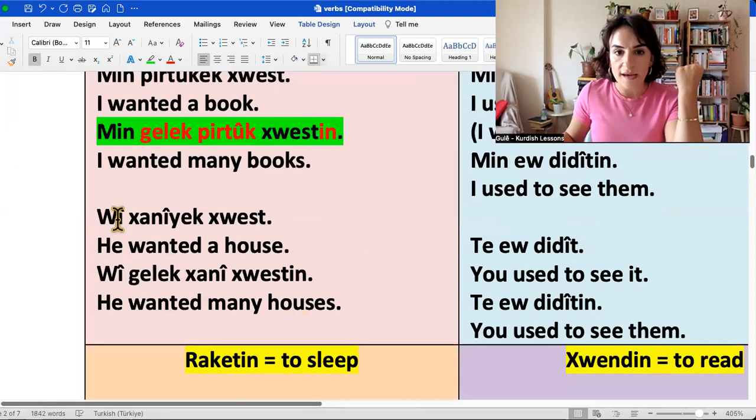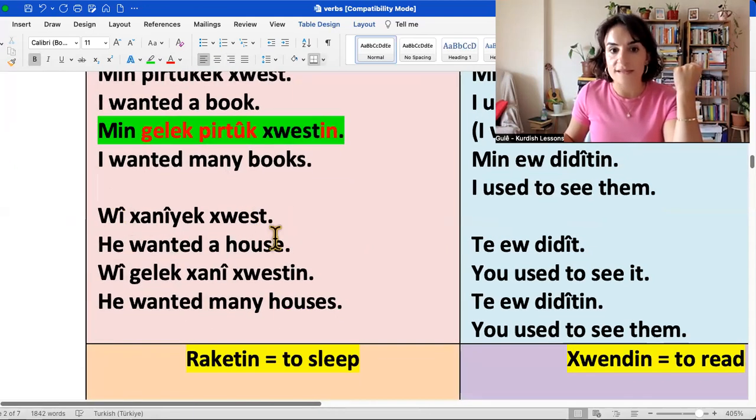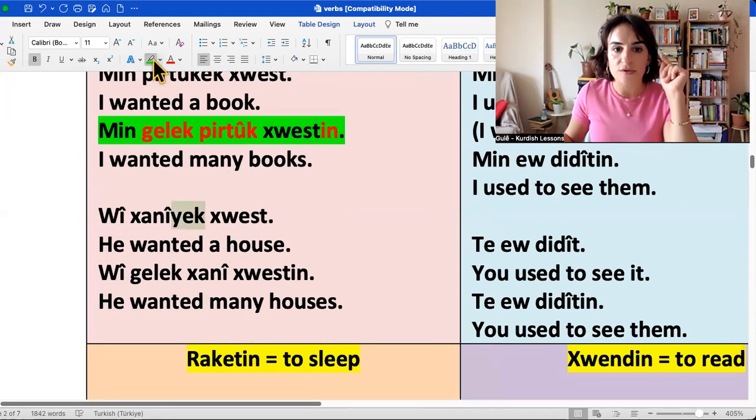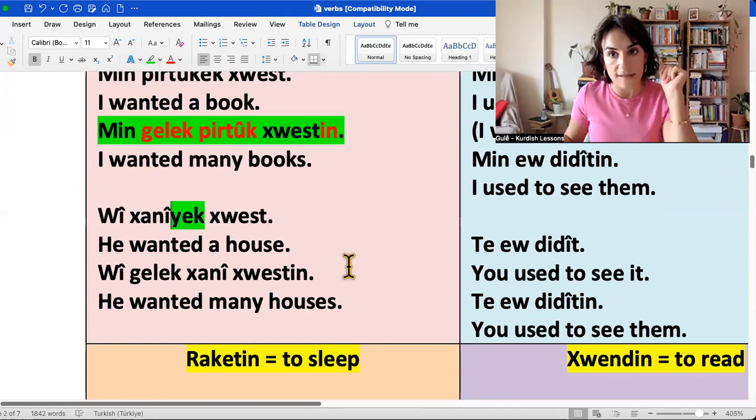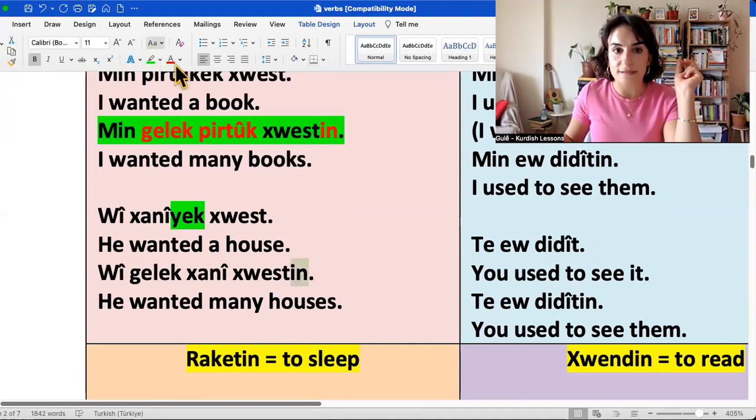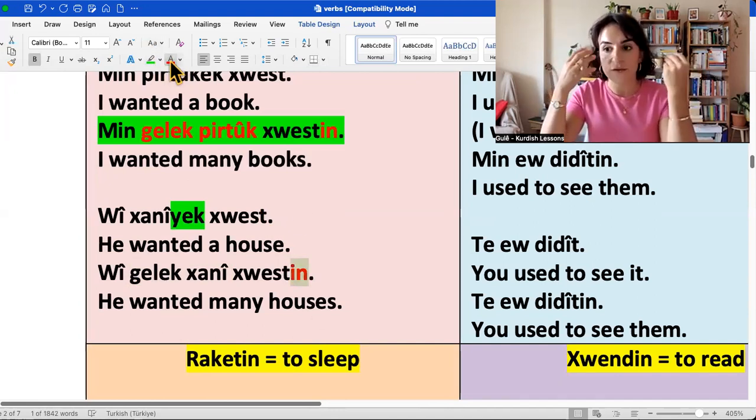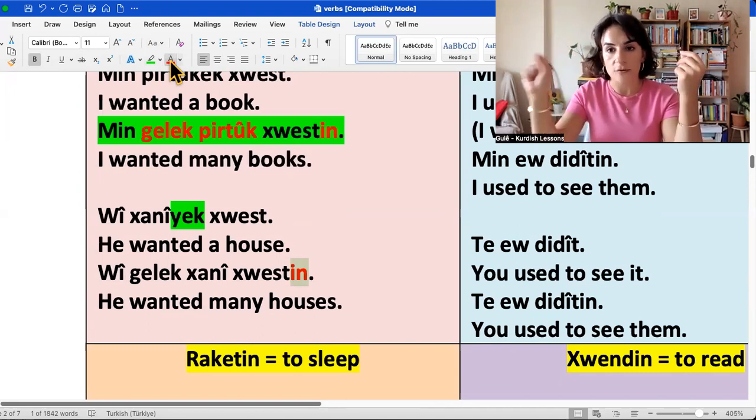He wanted a house. Again, one khani, so you don't need to add anything. He wanted many houses. So here, qalek khani, it's khastin. So if you are in the past tense, if your object is plural, you have to add un at the end of your verb.